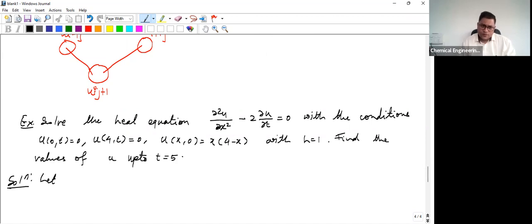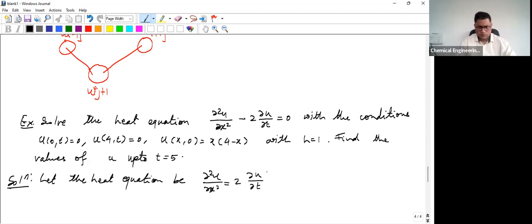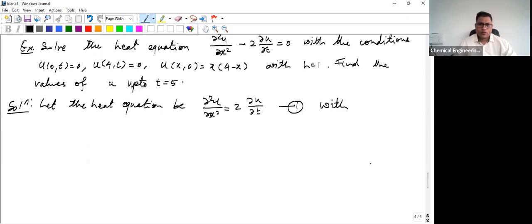So let the heat equation be del square u by del x square is equal to 2 del u by del t. This is equation 1, with the conditions that u of 0, t is equal to 0, u of 4, t is equal to 0, u of x, 0 is equal to x into 4 minus x.